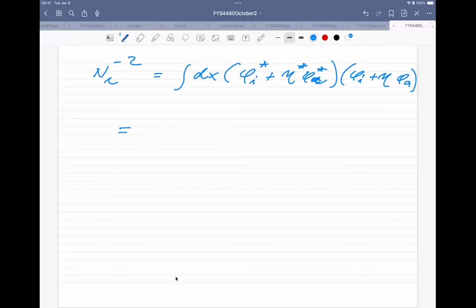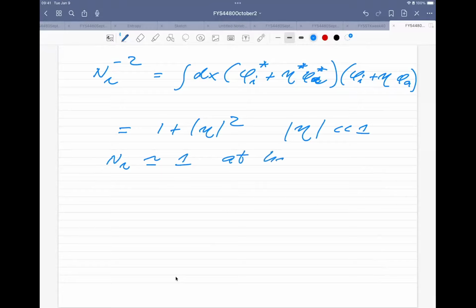So if I do that, this is 1 plus eta squared. And if I assume that the absolute value of eta is much, much smaller than 1, then we see that this n of I is proportional to 1 at linear order in this parameter eta, which is just a small perturbation of this state phi a.